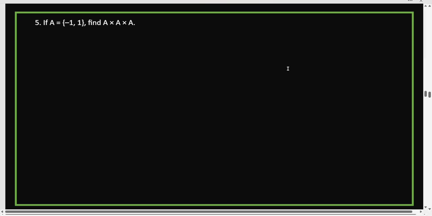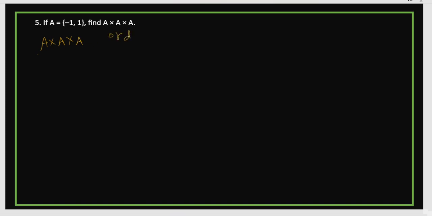Now we are seeing the ordered triple product. What he wanted is A into A into A. You will get an ordered triplet, right? Remember this: when two sets are there, we get an ordered pair.